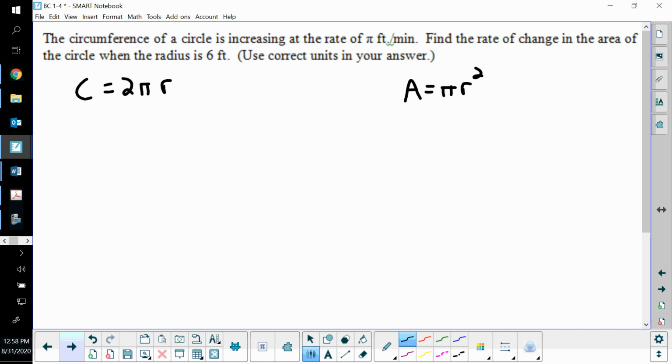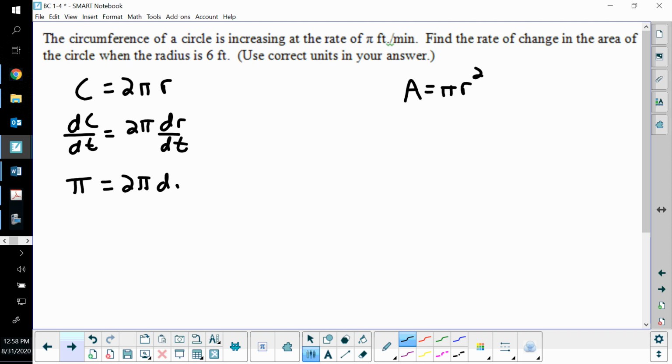If any of the quantities are constant for the entire scenario, you can put them in before the derivative. We don't have that in this case. So we're going to have dc over dt is equal to 2 pi times dr over dt. They told us that dc over dt is increasing at pi feet per minute. If it was decreasing, you would put it in as a negative.